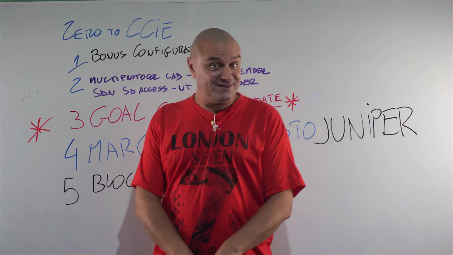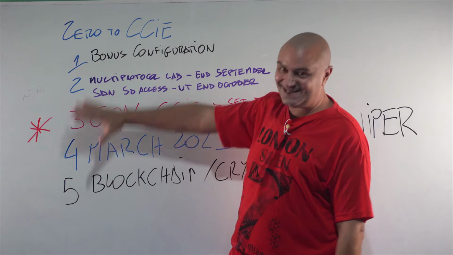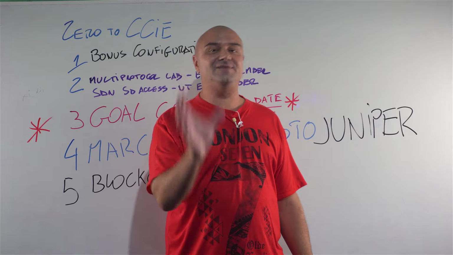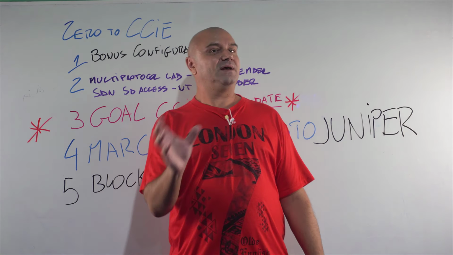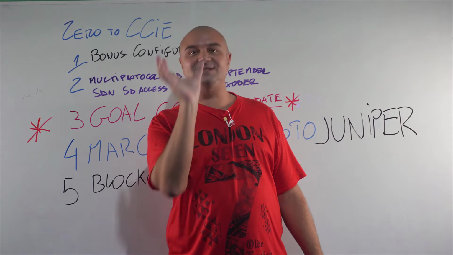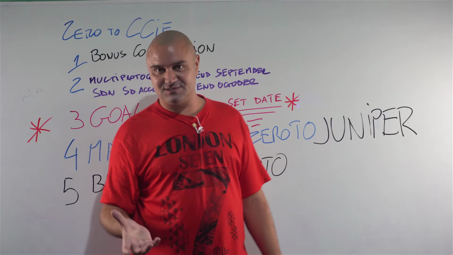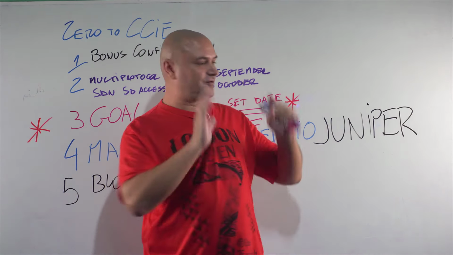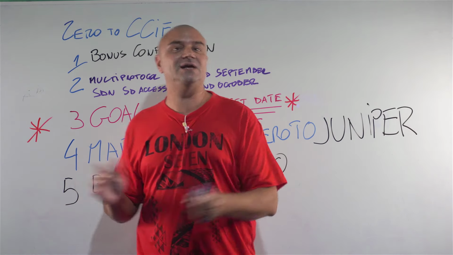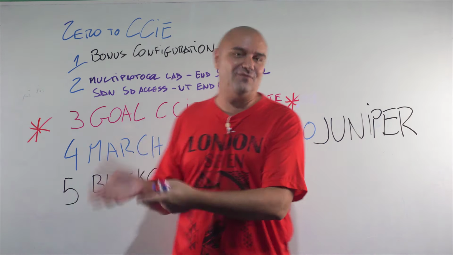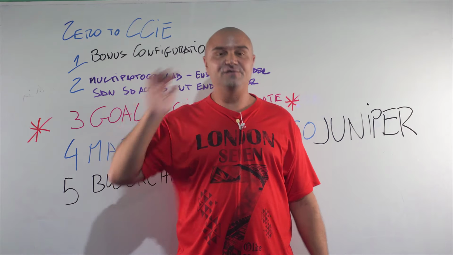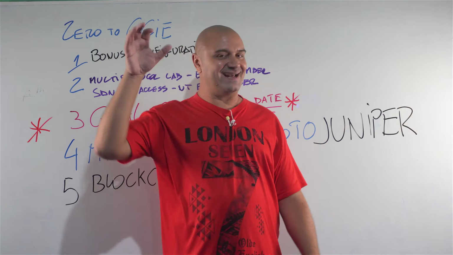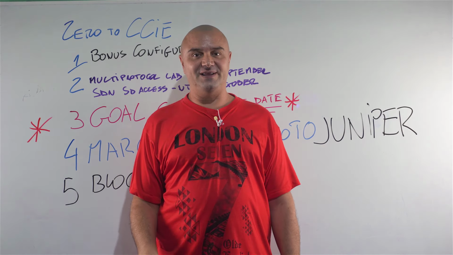I can't deliver this now because we are still working on this, but be aware that in March, we have 0 to Juniper. So start putting this into your brain because this is what's going to happen. You are going to receive the best training from scratch to Juniper. When I say Juniper, I'm talking about CCIE level, so the maximum level. 52 weeks program, everything simplified, exactly like we are doing with the CCIE.